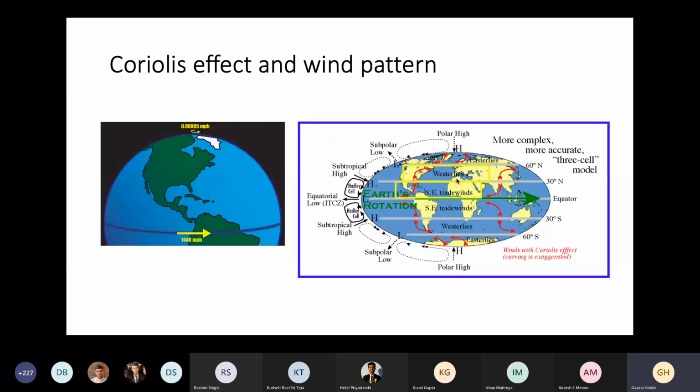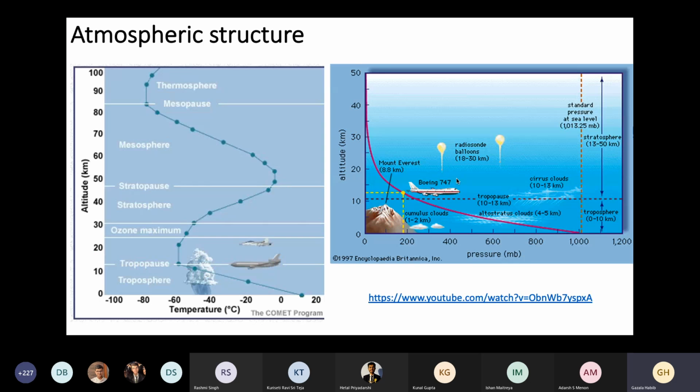Now, do you understand the link between the continental meteorology and the pollution transport? So that is how we can explain the transport of pollution and its formation over any continent.